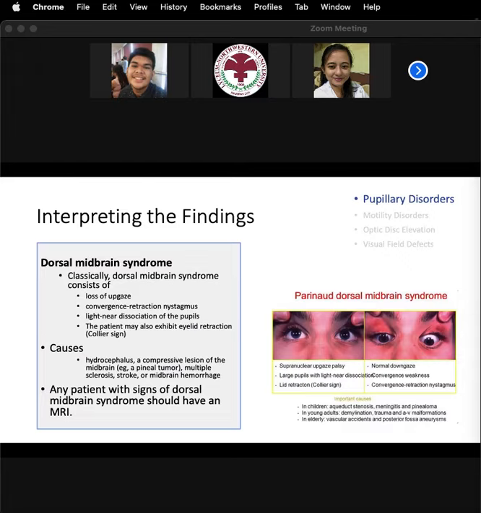Any patient with dorsal midbrain syndrome signs should be worked up. Light near dissociation means the pupil doesn't constrict to light, but when you ask the patient to look at something very near, straight in front of his eyes, it constricts.